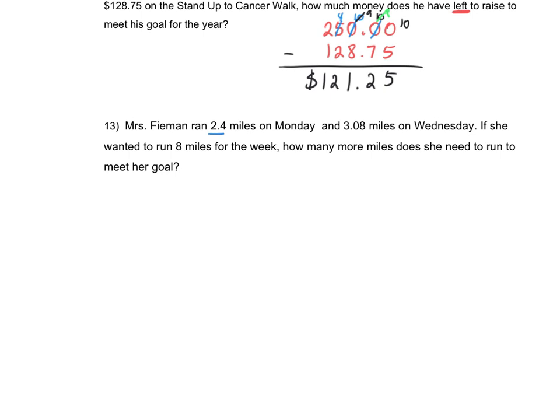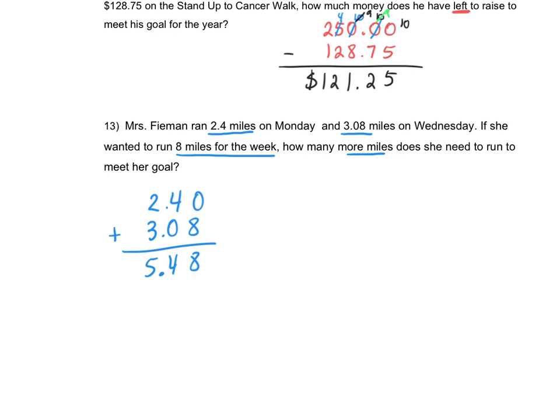All right, let's look at the last one. Mrs. Feynman ran 2.4 miles on Monday, 3.808 miles on Wednesday. If she wants to run 8 miles for the week, how many more miles does she need to run? So there's 2 steps here. What do you need to do first on number 13? That's right, we first need to add up how much I have run. So I'm going to add these up together here. And I have run 5.48 miles.